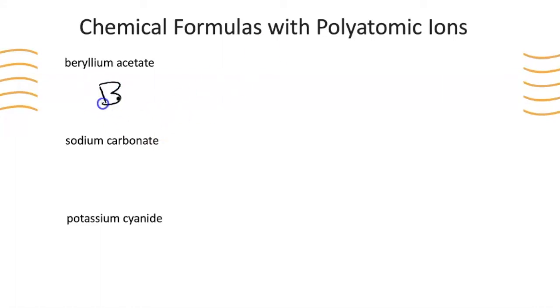We have beryllium, 2 positive, and acetate, which is C2H3O2, 1 negative.